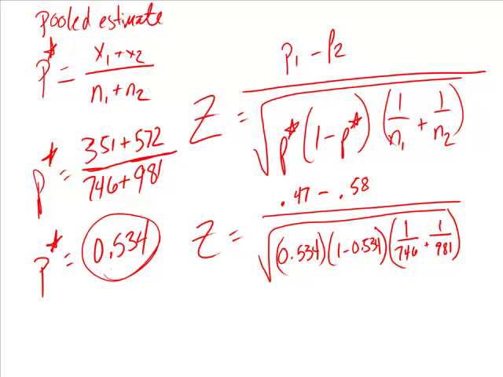Well, I'd actually start down here because that's the ugliest thing. So in parentheses 1 divided by 746, plus in parentheses 1 divided by 981.